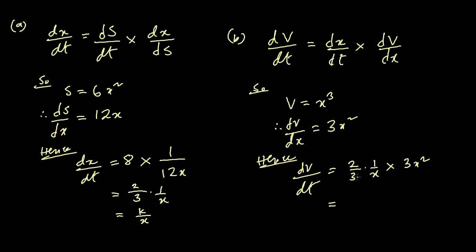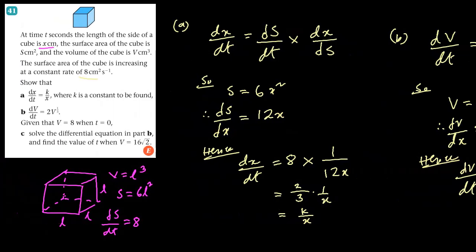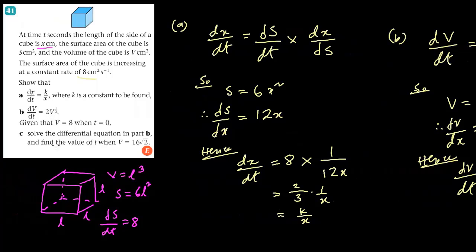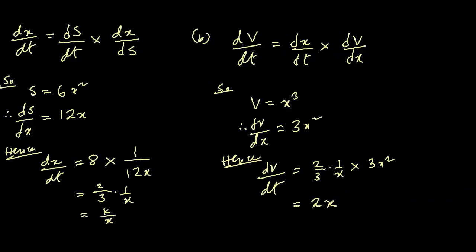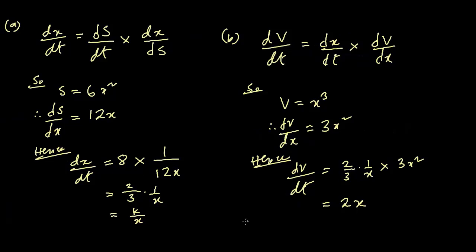If we cancel this 3 and this 3 and this x and the other x, it would be 2x. Now we have to show this in terms of v. We have to show 2 v to the power 1 by 3. So for this particular question, for v equals x cubed, therefore x equals v to the power 1 by 3.